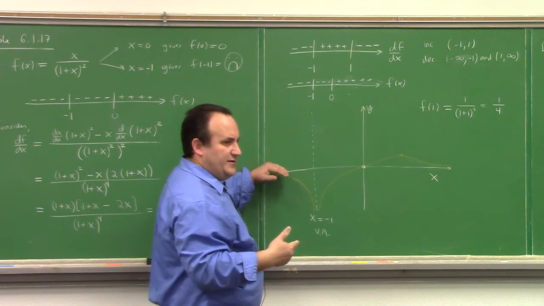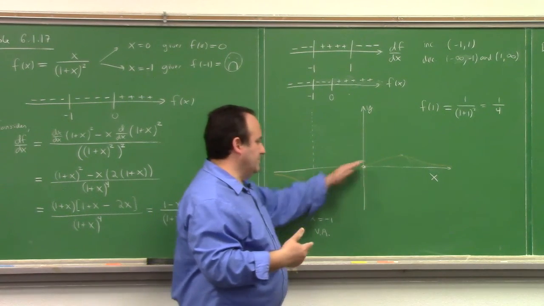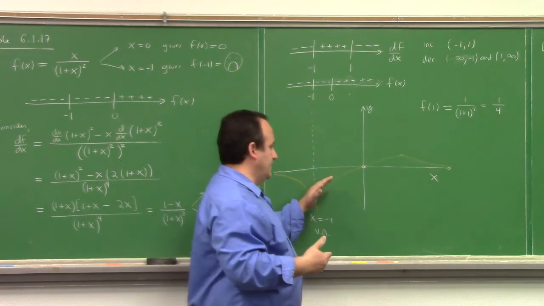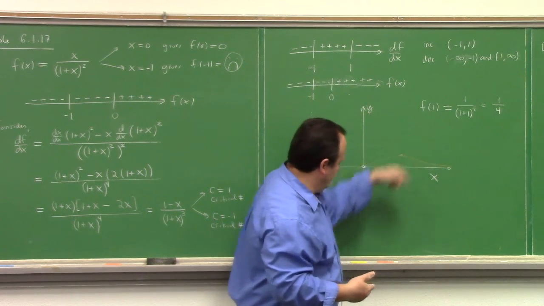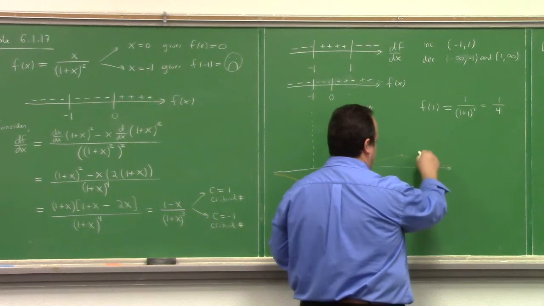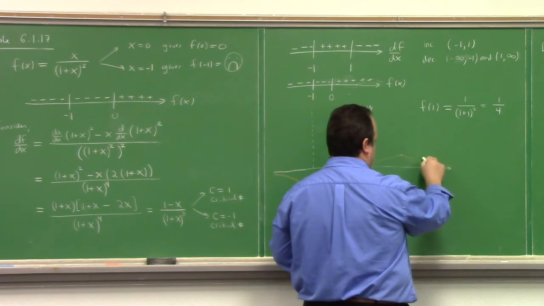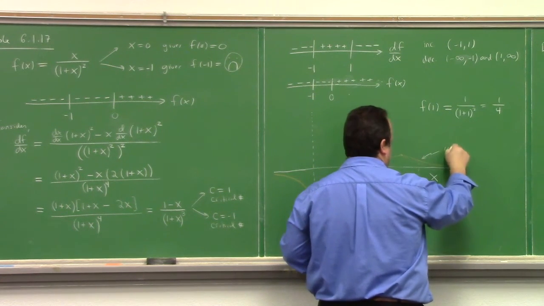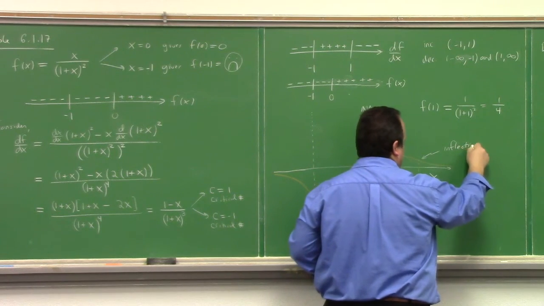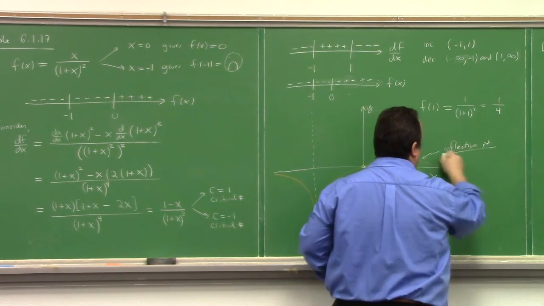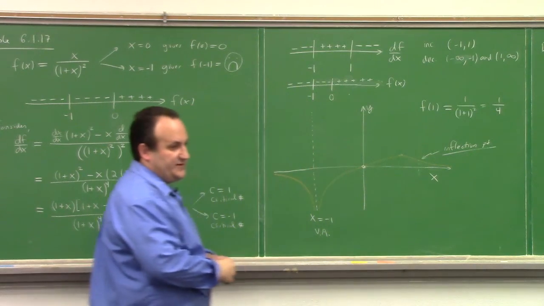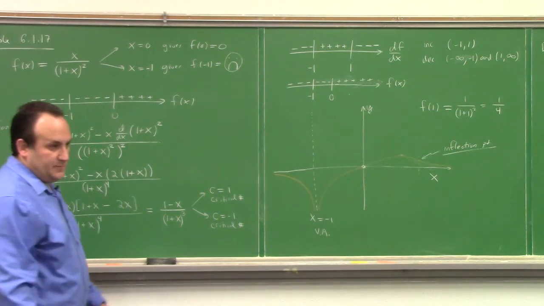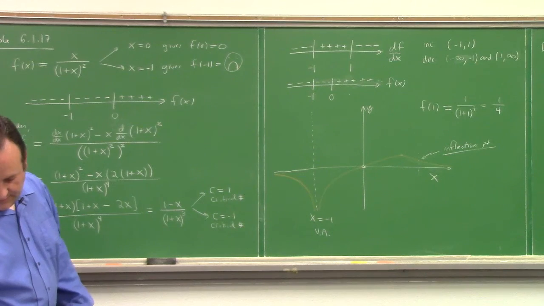It's going to be concave down here, don't you think? Concave down here. I think it's going to be concave down right up until about somewhere in here, there's an inflection point, right? We could find out where that was if we wanted to solve f prime prime of x equal to 0, we could actually find where that is, right?